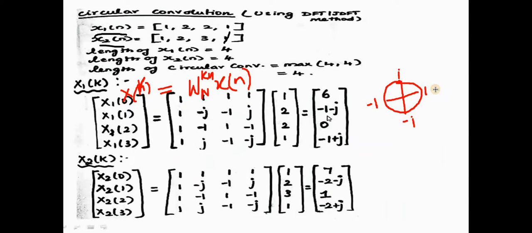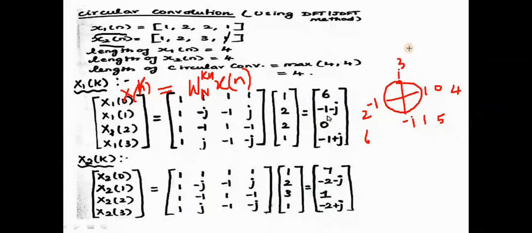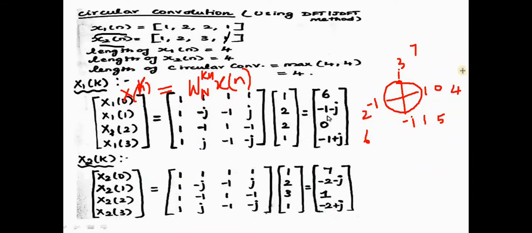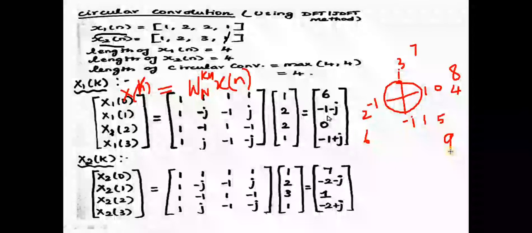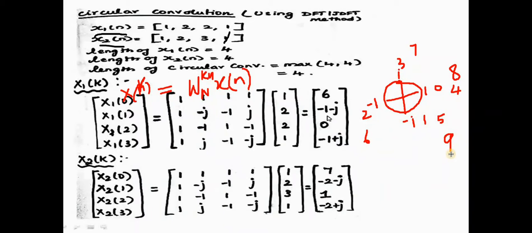Just number them 0, 1, 2, 3, 4, 5, 6, 7, 8 and 9. Whenever you build the matrix, these values 9, 5 and so on all indicate the value for kn.